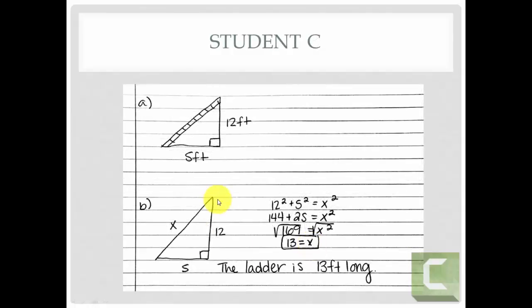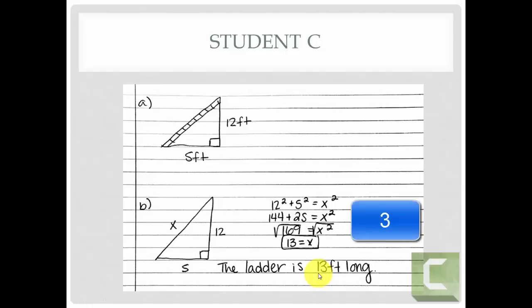Here's our last student. They correctly labeled their picture, that the ladder's 5 feet away from the base and 12 feet up the wall. They set up their triangle down here correctly. They plugged everything correctly into their Pythagorean theorem, evaluated correctly, and solved correctly. So this student did get the correct answer, and they are level 3.